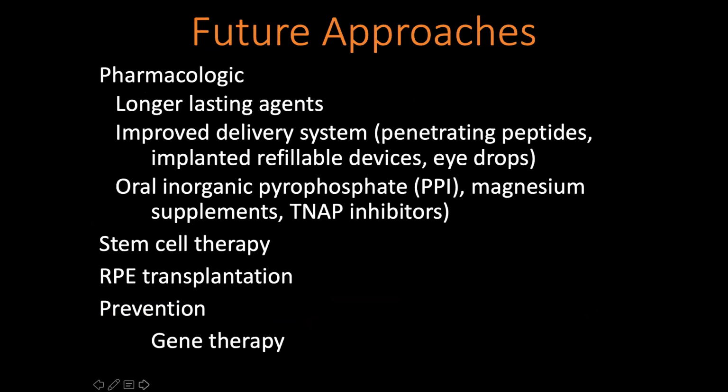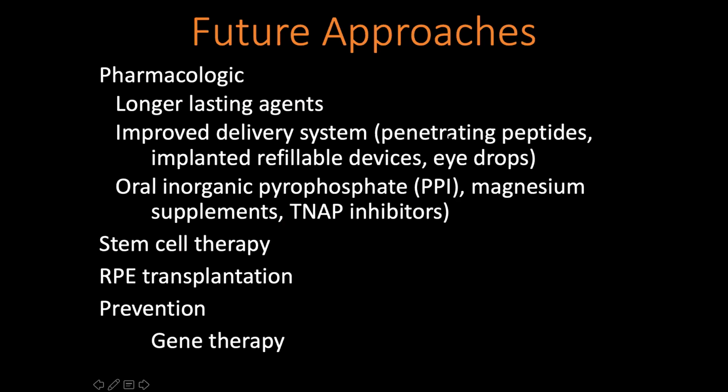This brings us to future approaches. The future is bright. We have these wonderful agents now, but we are looking into agents that last even longer, as well as improved delivery systems.